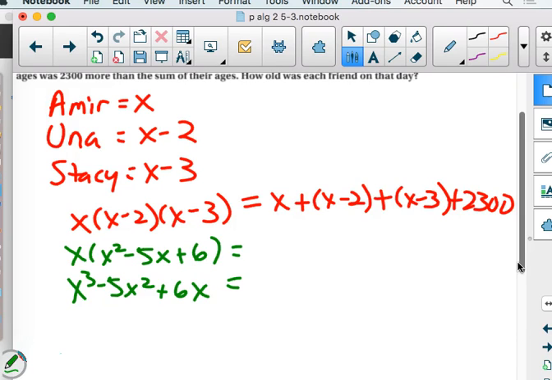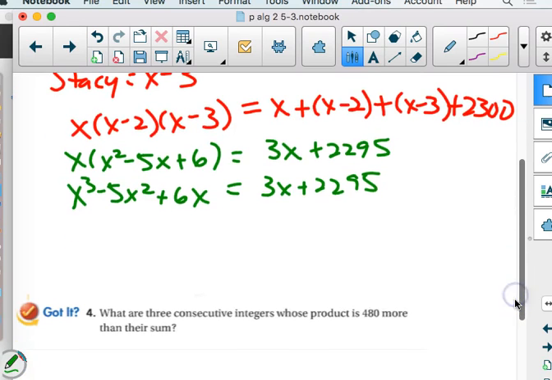On this side, it's not going to take me too long. It's addition. So x plus x plus x is 3x. Negative 2 and negative 3 is negative 5. So 2,300 minus 5 would be plus 2,295. And now if I want to just use the zeros to solve, I could just subtract 3x and subtract 2,295 from both sides.